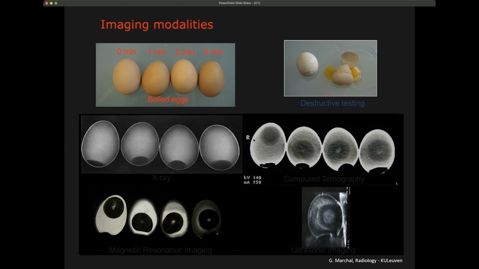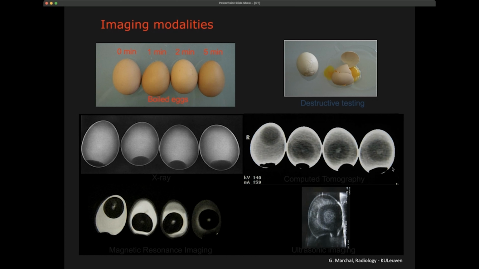So we look at atomic concentrations, and obviously when you boil an egg, the atomic concentration distribution is not changing at all. What is happening is that your molecular environment is changing, and your proteins are starting to coagulate and come together. So when we just look at the atoms, we can't discriminate, and that's what you clearly see.